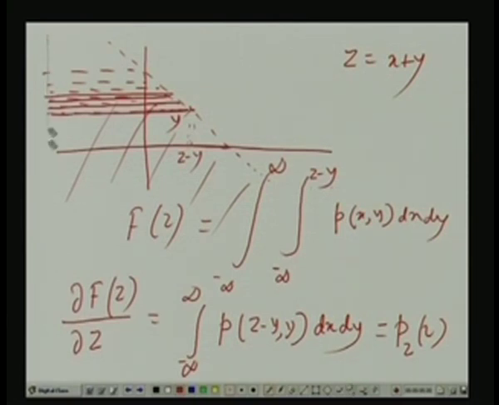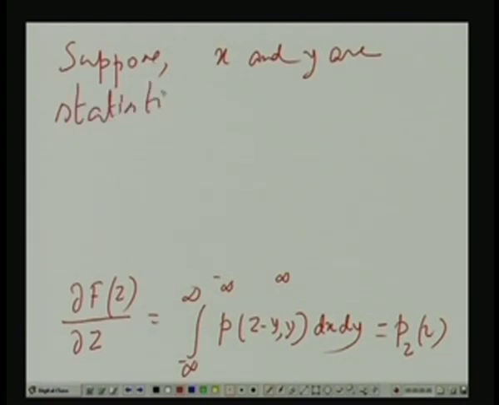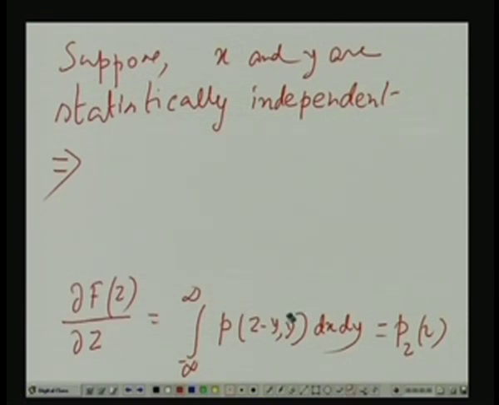Now, suppose x and y are independent, that means this probability density p x comma y is nothing but p x into p y.